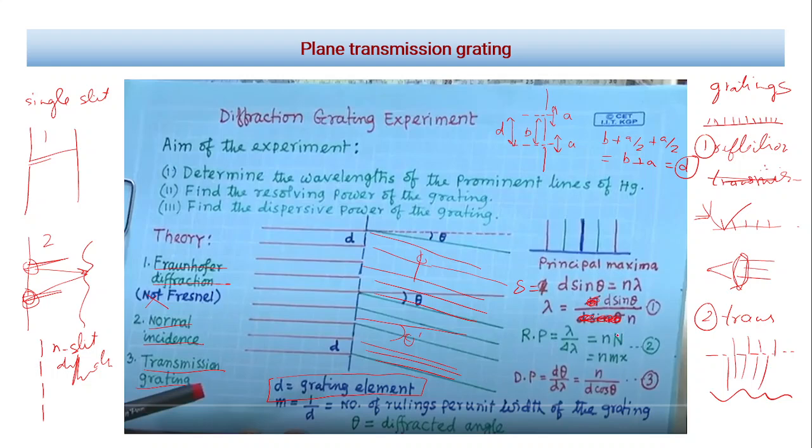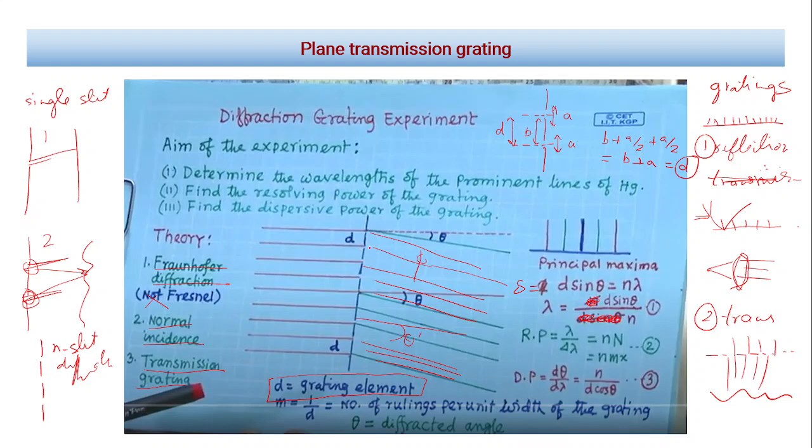Usually when we say how many lines, it may be that it is a 2 centimeter or 5 centimeter grating, but maybe our incident light is only hitting it for 1 centimeter. In that case we have to consider only the lines in 1 centimeter.